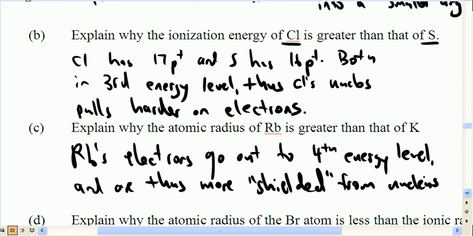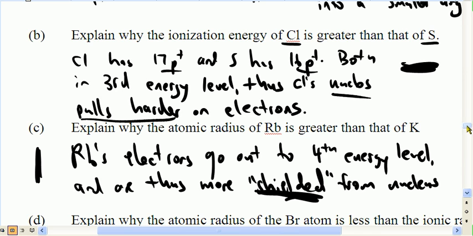So when you're talking about a vertical relationship, you need to have this word shielding in here. And when we're talking about a horizontal relationship, you need to talk about protons and the nucleus pulling harder.